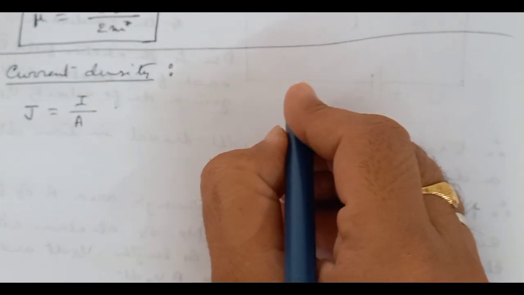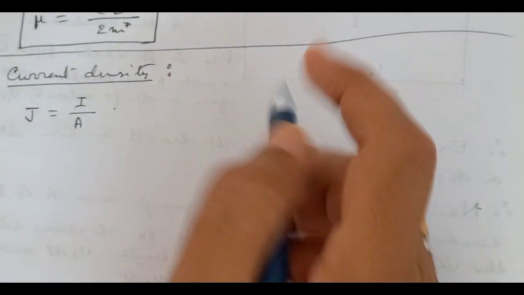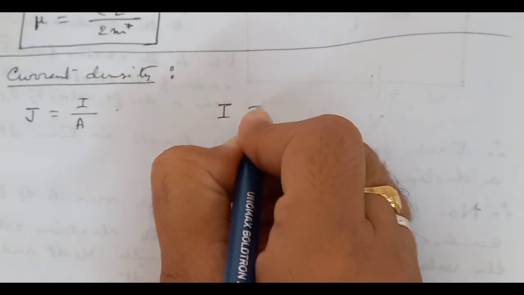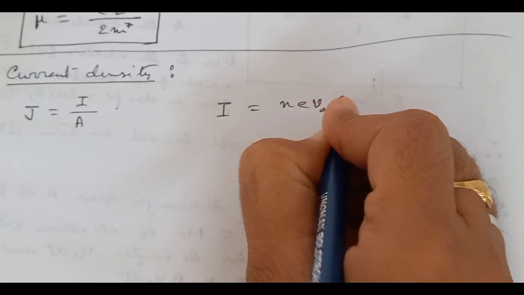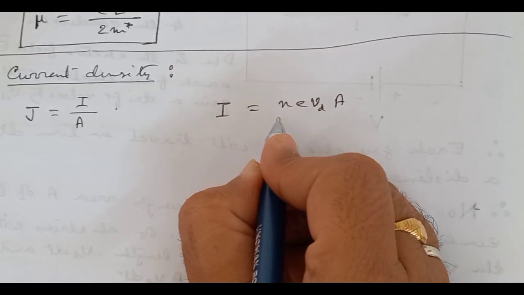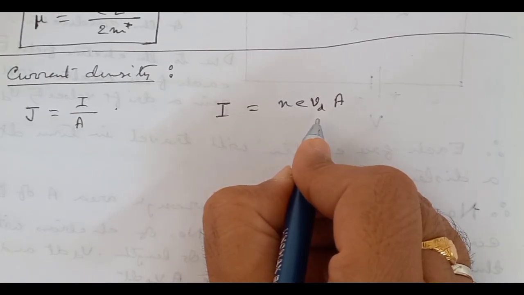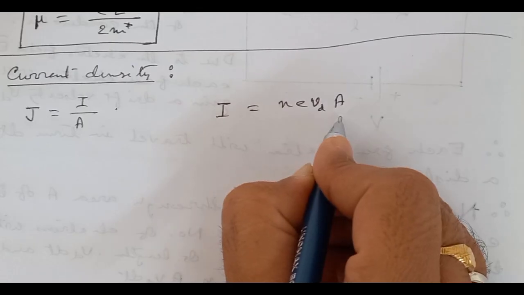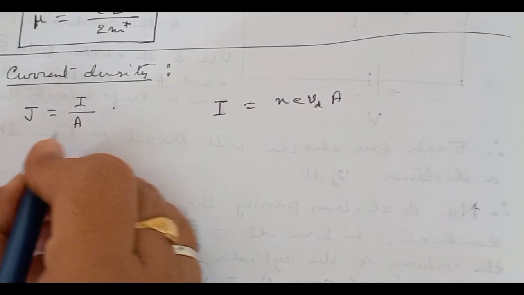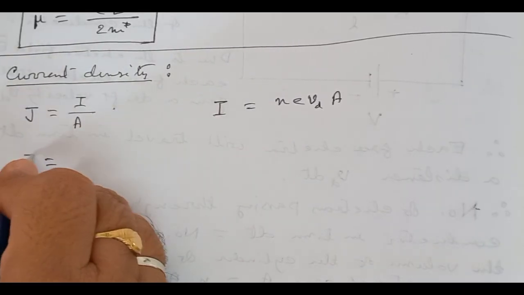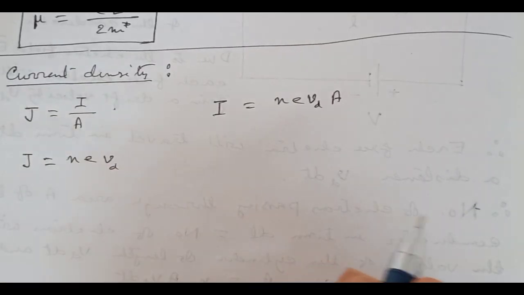Now we know the current I is equal to NE Vd into A, where N is the number of electrons per unit volume, E is the electronic charge, Vd is the drift velocity of electron, A is the cross-sectional area. Therefore, from these two equations, we can write J is equal to NE Vd.